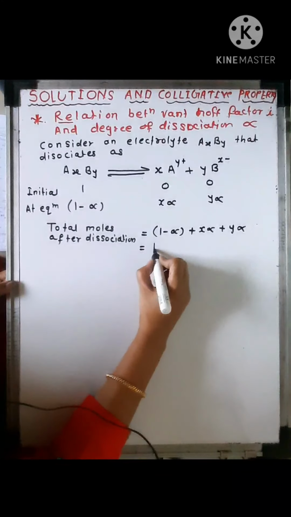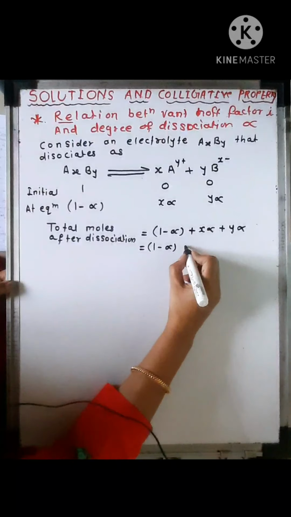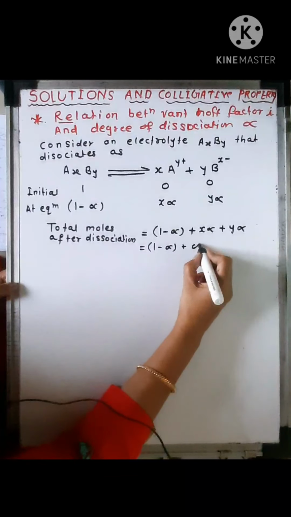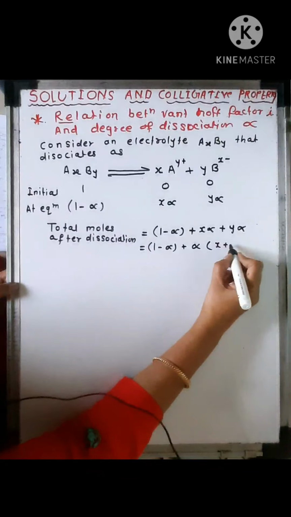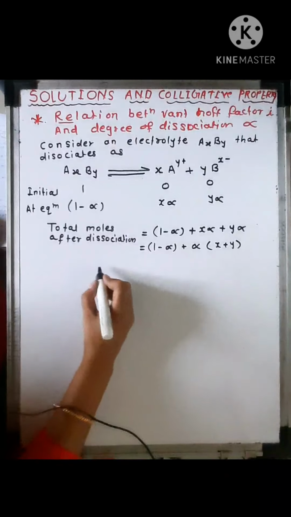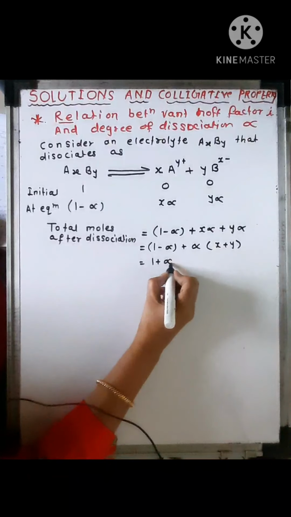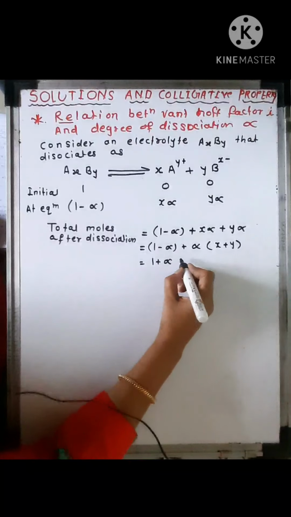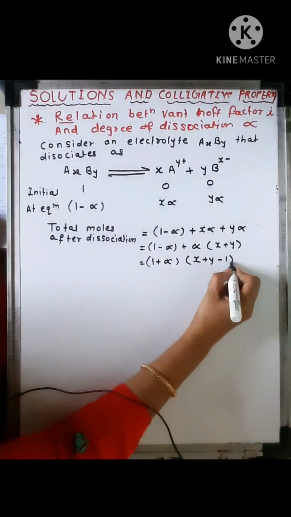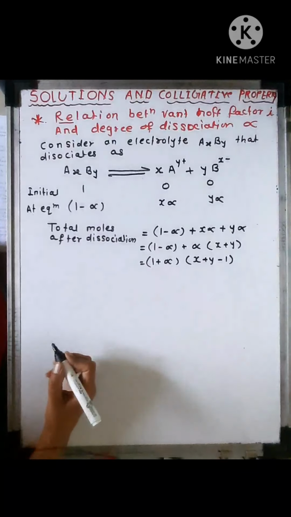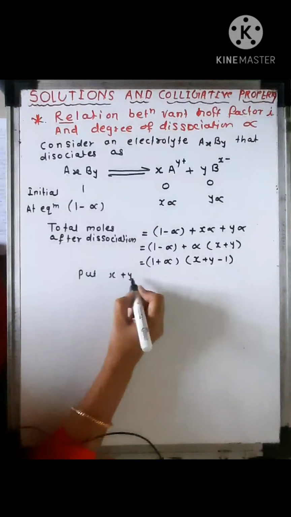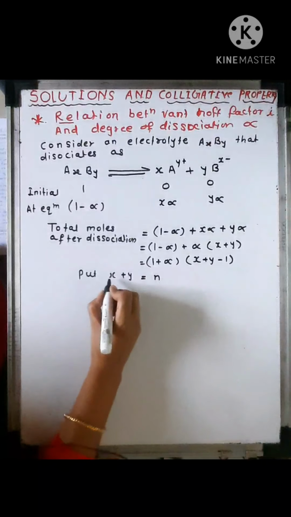It is equal to 1 minus alpha, and from this we can take alpha common: plus alpha into X plus Y. Then rearranging this equation, we get 1 plus alpha into X plus Y minus 1.